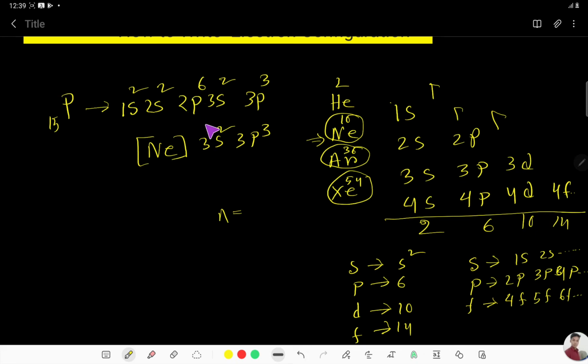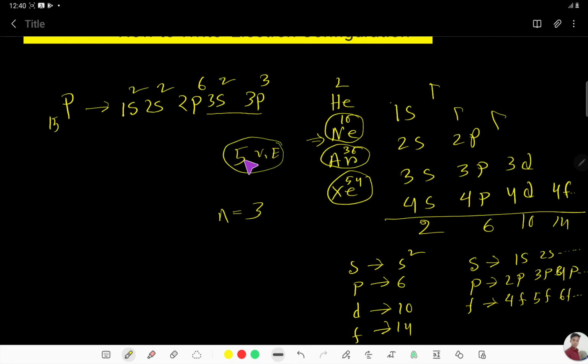Here the highest value of n equals 3. So 3 is the valence shell, or outermost shell, or highest occupied energy level. For n equal to 3 we have 2 plus 3, that is 5. So phosphorus has 5 valence electrons, right?